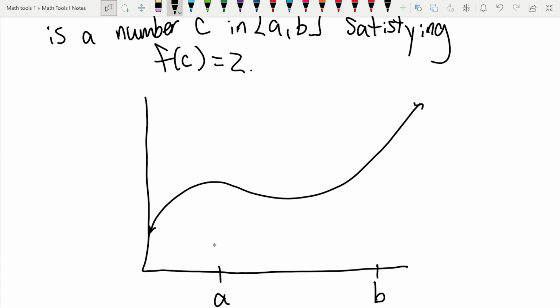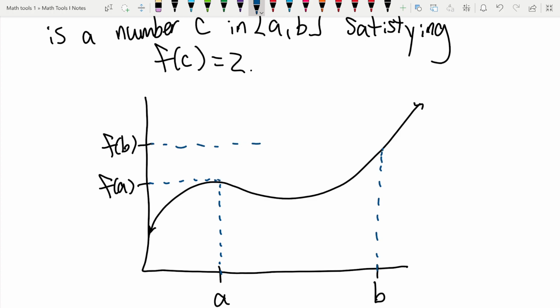And then we have our outputs f of a and f of b. Okay, so we'll draw dashed lines here to show what points we're looking at here.